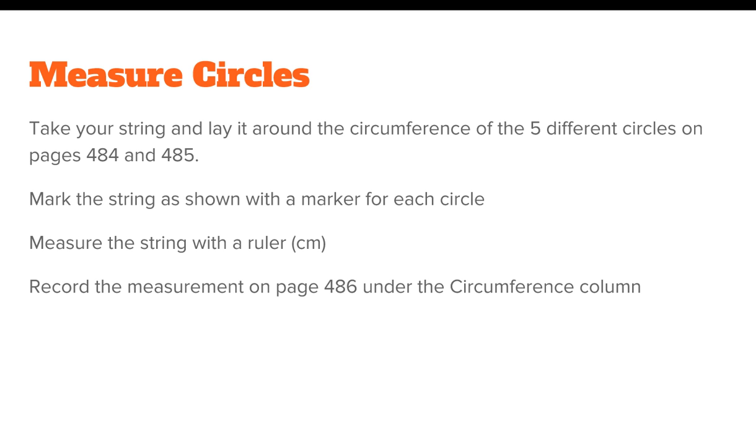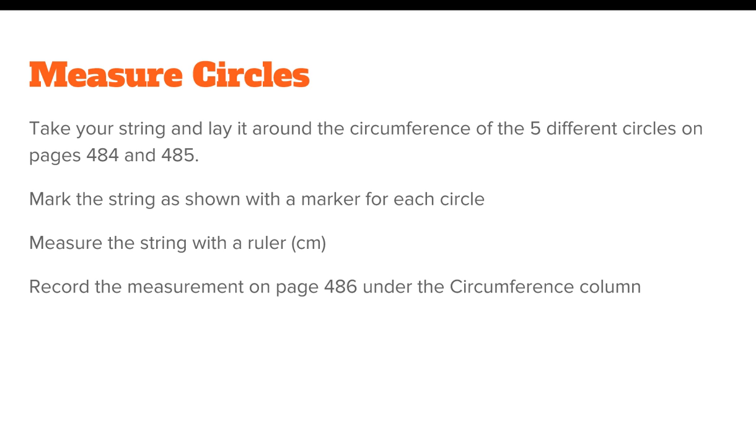All right. The next thing you're going to do is measure that string with a ruler on the centimeter side. So you're going to record the measurements from each string. You're going to measure the string, and where the mark is, you are going to say how many centimeters that is. So you should have 5 different measurements.